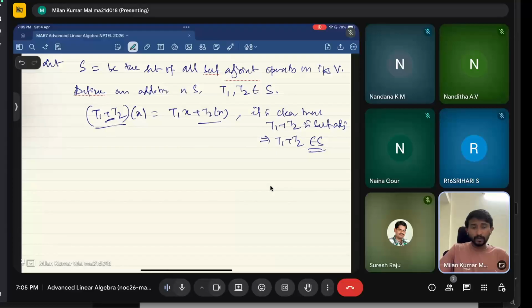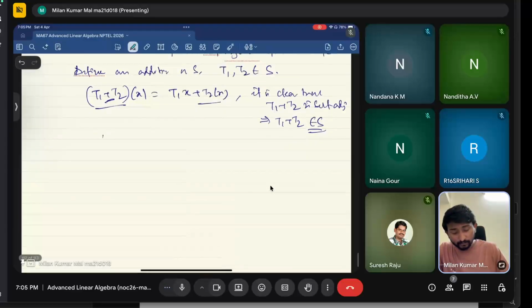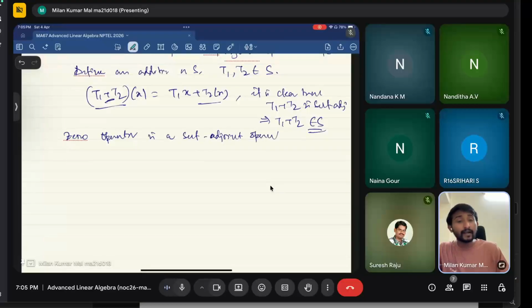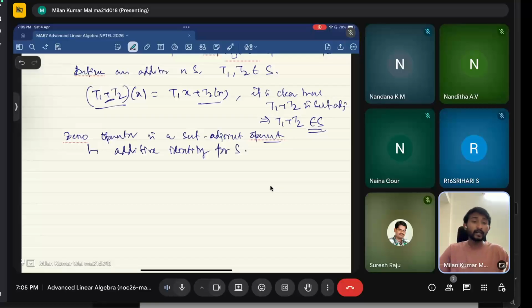So clearly the zero operator is self-adjoint. Let me write the zero operator which sends every element to zero, that is a linear operator, right? The zero operator is a self-adjoint operator. So that is the additive identity for S. To form a group, first we have to check whether it is closed under addition.